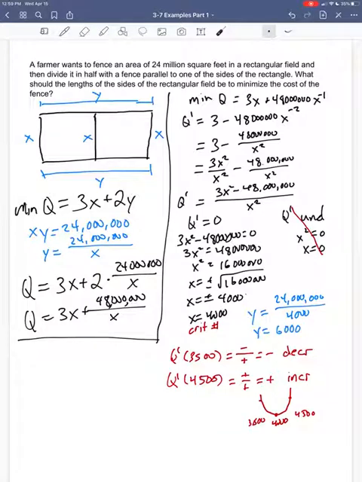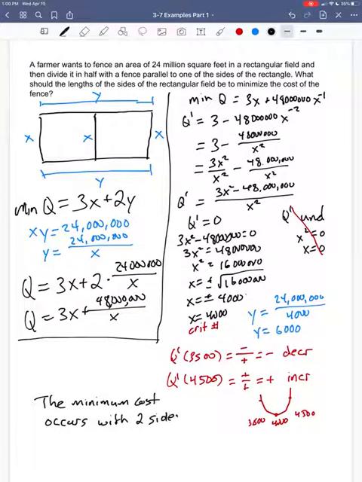So it does look like this 4,000 is a minimum, and so the minimum cost occurs with two sides of y, and y was what, 6,000 feet, and three sides of 4,000 feet.